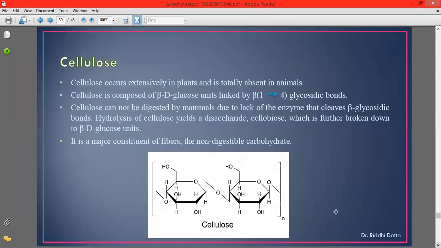So cellulose cannot be digested by the mammals due to the lack of the enzyme, okay. તો મીન્સ સેલ્યુલોઝ જે છે એ મેમલ્સ જે છે ડાયજેસ્ટ કરી શકતા નથી, એટલે ફોર એક્ઝામ્પલ કે એનિમલ્સ જે છે એમની જોડે જે એન્ઝાઇમ્સ જે છે હાઇડ્રોલિસિસ કરવા માટેનો, ઓકે, એ પ્રેઝન્ટ છે, હ્યુમનની અંદર નથી, એટલે આપણે સેલ્યુલોઝને ડાયજેસ્ટ કરી શકીએ નહીં. So it is the major constituent of what, fiber and non-digestible carbohydrate. Okay, જે પ્લાન્ટ્સની અંદર હોય છે.